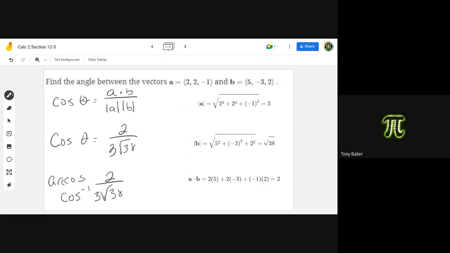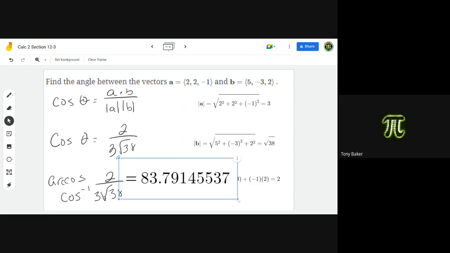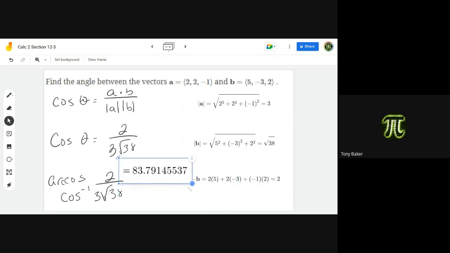Now, depending on how you want your answer, depending on how it's going to be used, in most situations, having it set as degrees is going to be more useful for this stuff. So the final answer is approximately 83.8 degrees.